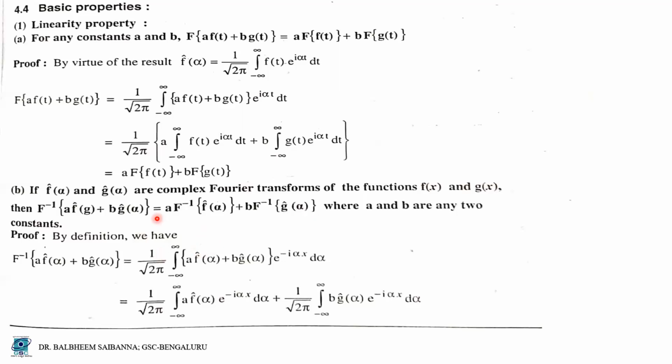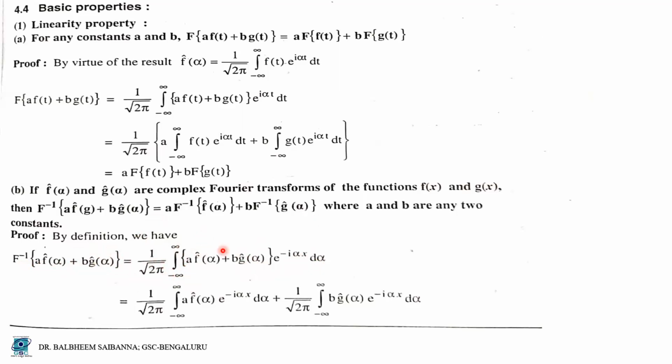By the definition, F inverse of a f cap alpha plus b g cap alpha is equal to 1 divided by square root of 2 pi, integral from minus infinity to infinity of a f cap alpha plus b g cap alpha, e to the power of minus i alpha x d alpha. This is the definition of the inverse complex Fourier transform.